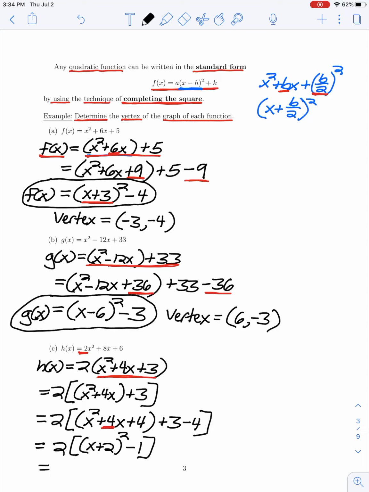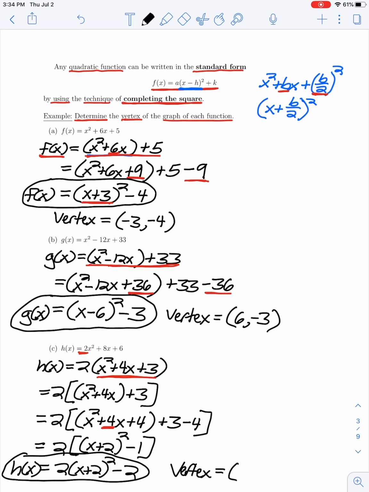So distributing the constant 2, I have 2 times x plus 2 quantity squared minus 2 for my function h of x. So this would be that function in standard form, and from here we can find its vertex directly. Our vertex would be the point negative 2, negative 2.